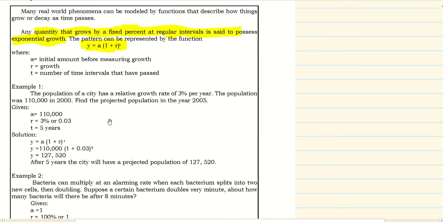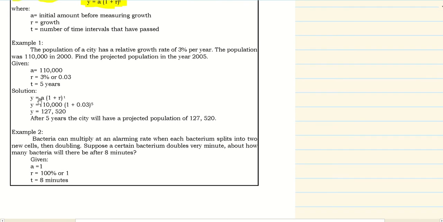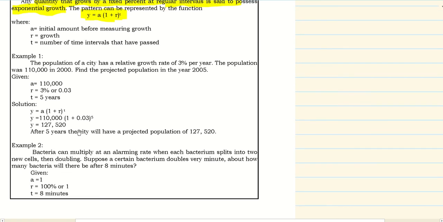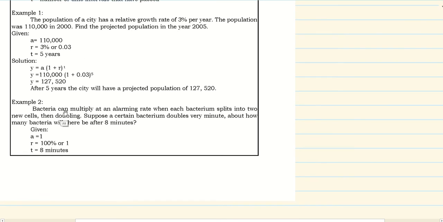Just like this example, I will not be tackling it because I know you can read it, and it is easier to understand by reading. And here we have this bacteria. The bacteria is growing, and the bacteria splits into two new cells, then doubling.